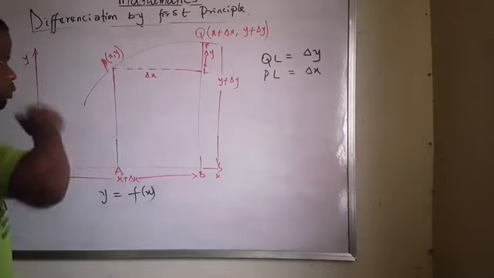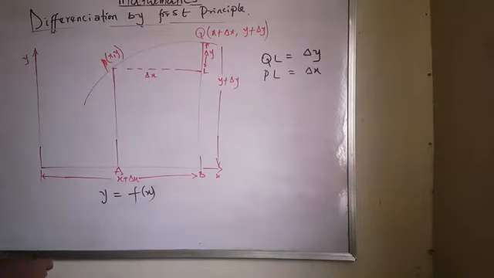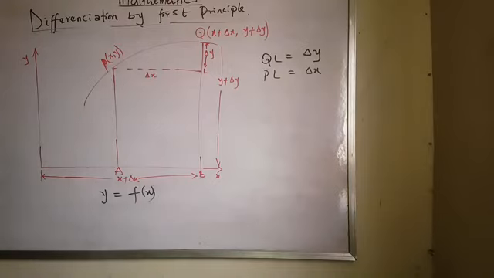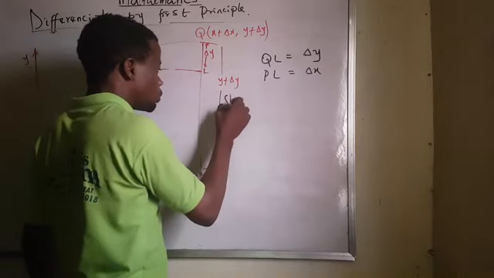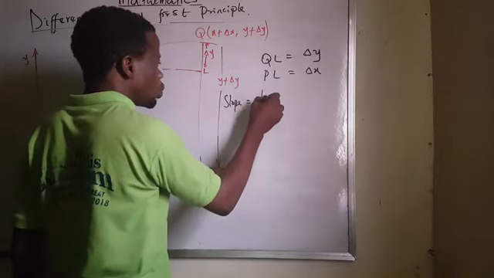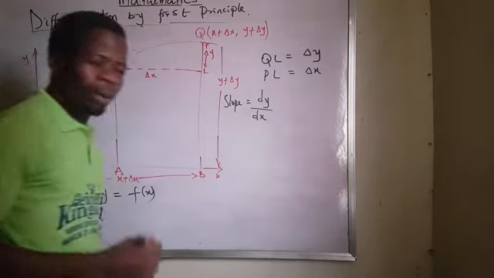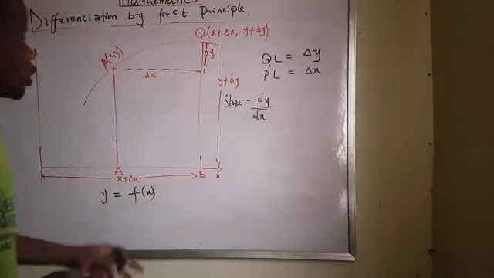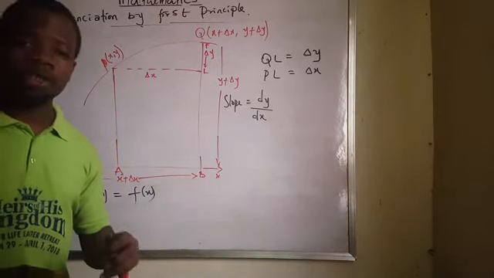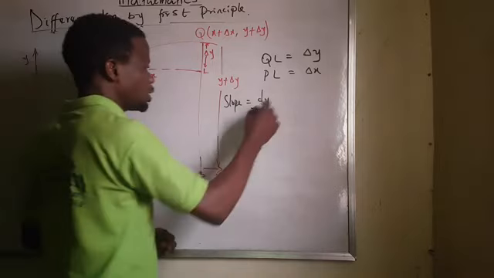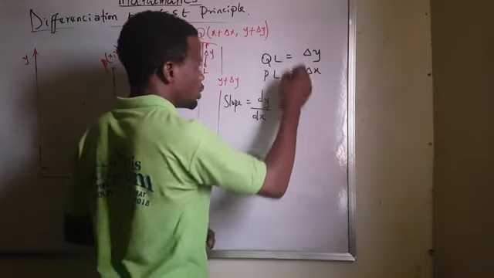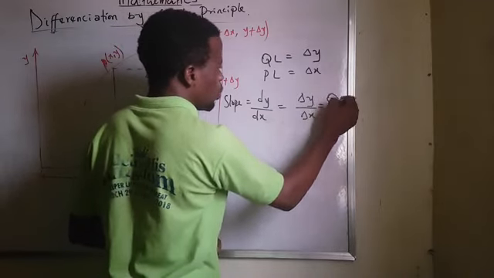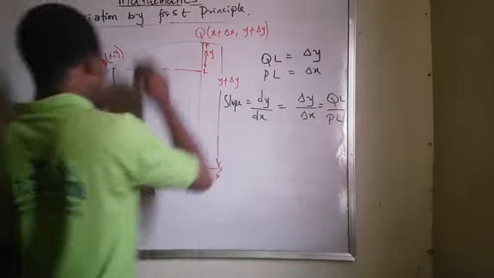So here, if we have to calculate the slope of this curve, the slope is known also as dy dx. That's what we are going to be dealing with in calculus, the dy dx most especially of functions. Because we are dealing with a curve, it has a slope, and that slope is known as dy dx, also known as change in y upon change in x, that is QL over PL in this case.